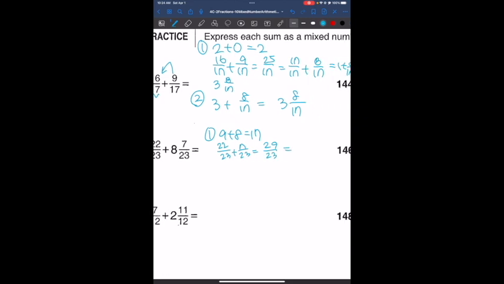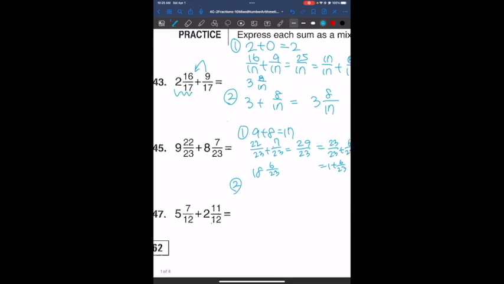So that is gonna be 23 over 23 plus 6 over 23, which is 1 plus 6 over 23. And so that's going to be 18 and 6 over 23.